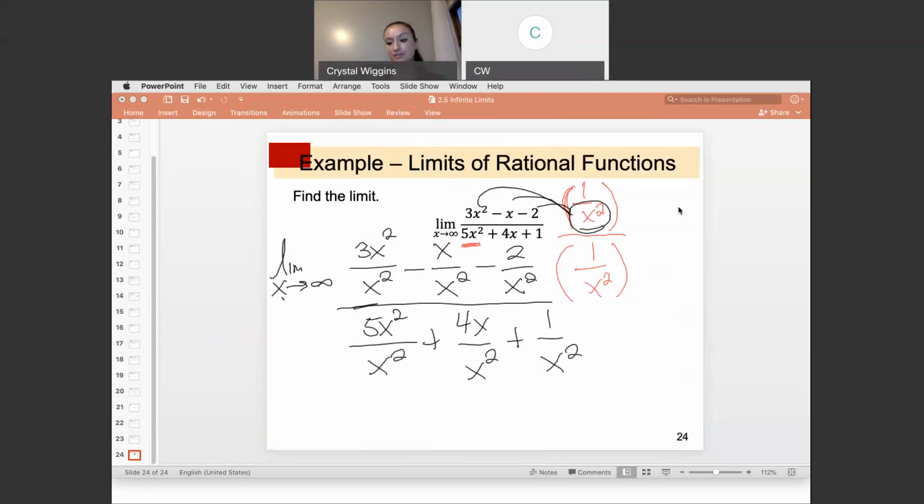Now let's simplify before we do anything else. So x squared over x squared will cancel. We're just left with 3. This will reduce to 1 over x, and the 2 over x squared will stay. X squared over x squared, we're just left with 5. This reduces, and the 1 over x squared would stay.